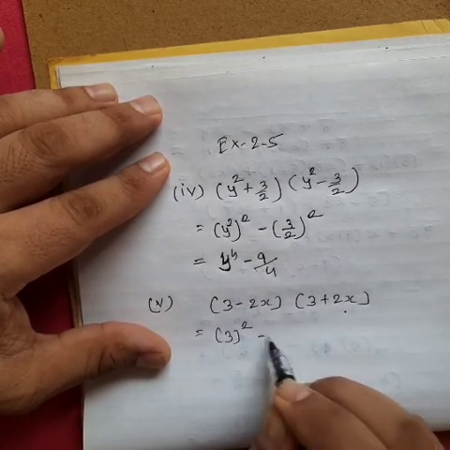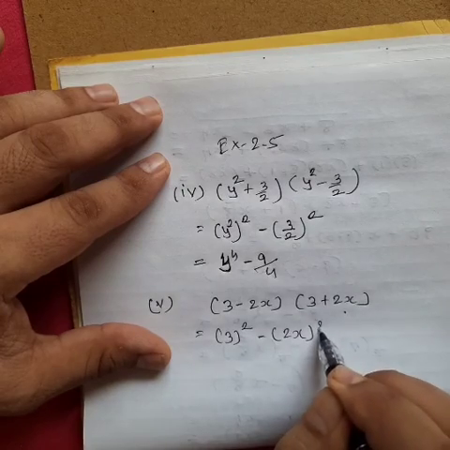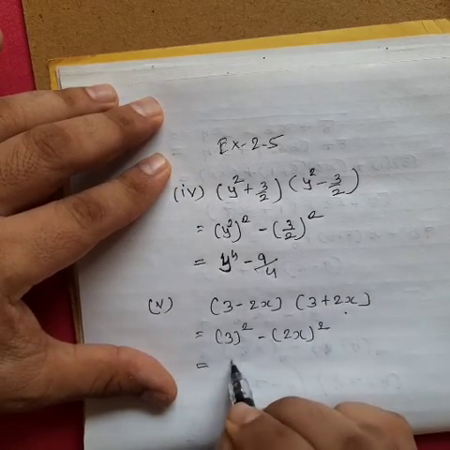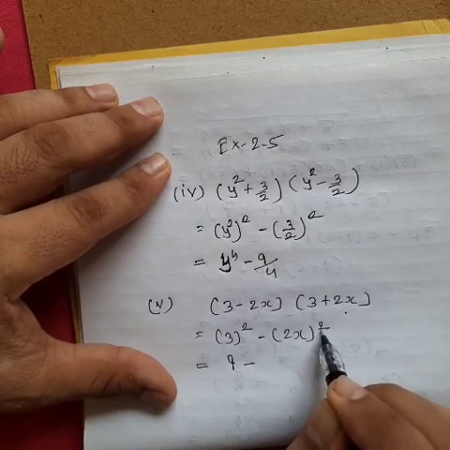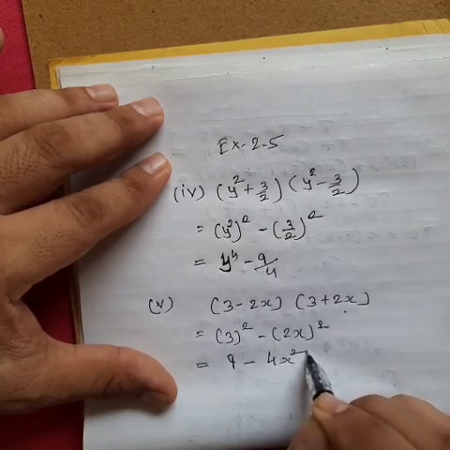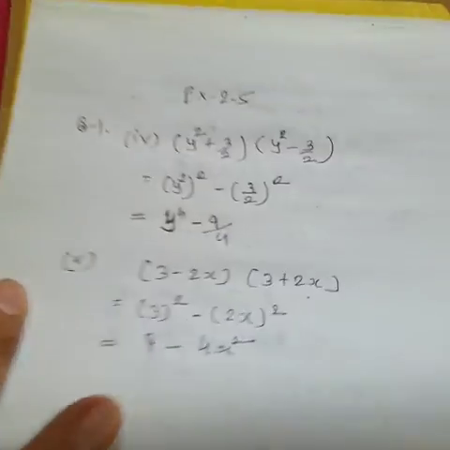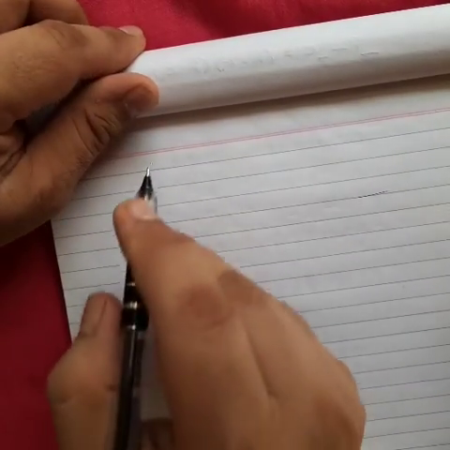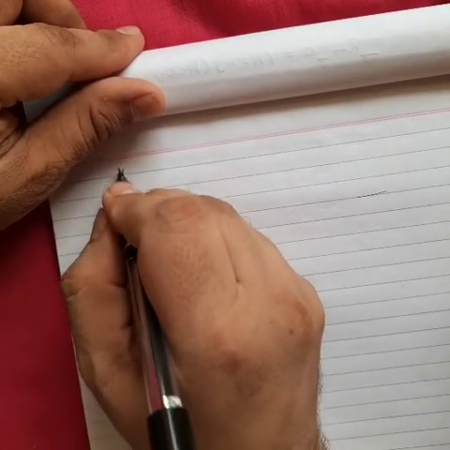Square of 3 minus square of 2x, that is 2x whole square. So that is 3 square 9, 2x whole square, that is 2 2s are 4, x square, that is 4x square. 9 minus 4x square. See sum number 3.